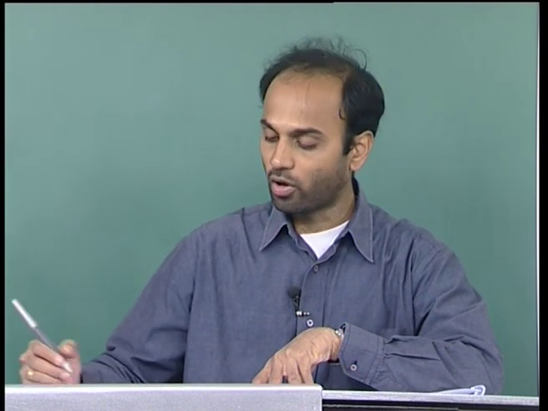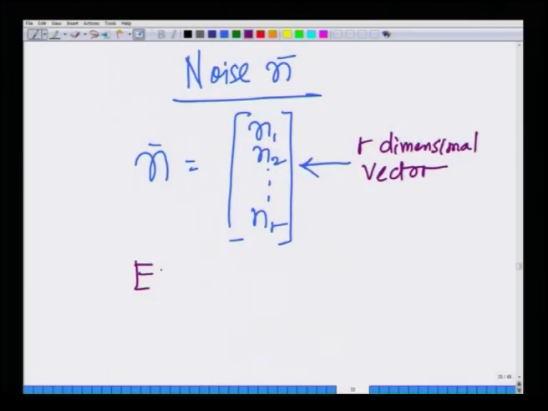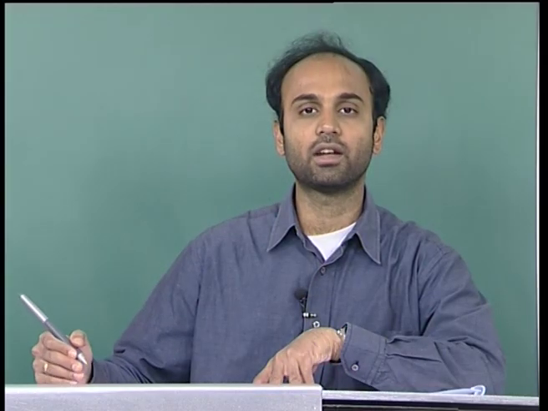We will assume that the power of each noise component Ni square equals sigma n square, that is, the power in the noise component in each receive antenna is sigma n square.